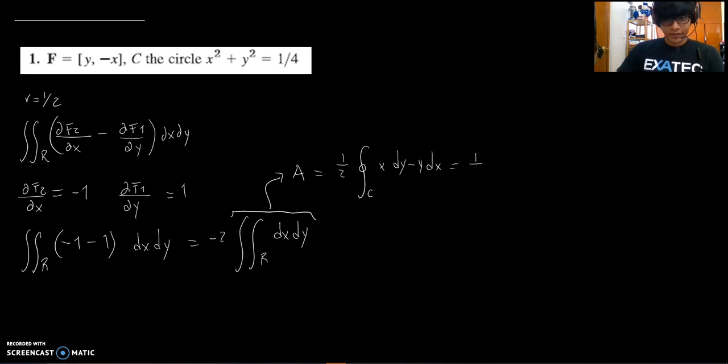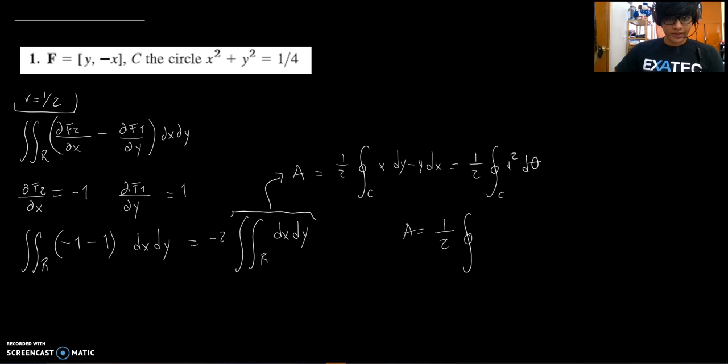But it can also be evaluated in polar coordinates as 1/2 of the integral of the radius squared d theta. And we know that the radius is equal to 1/2.